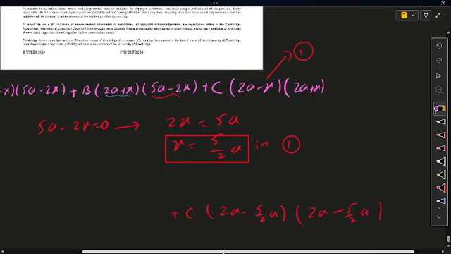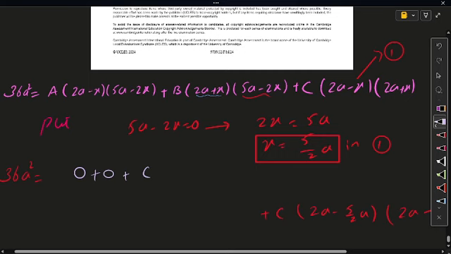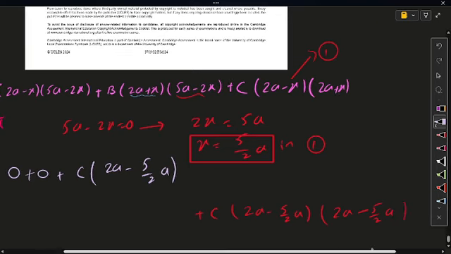So that becomes 0 over here plus 0 plus c times the value for c retained now. So the first factor for c becomes 2a minus 5 by 2 times a, 2a minus again 5 by 2 times of a, which is equals to 36. So I'm going to write c times 2a minus 5 by 2 times of a times, one contains positive and another contains negative, 2a plus 5 by 2 times of a.